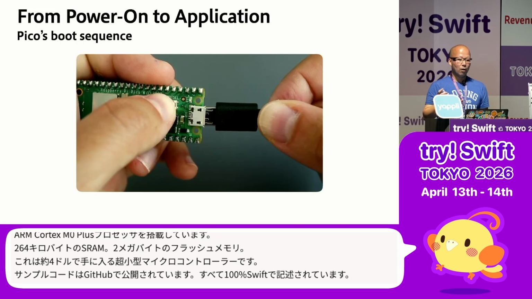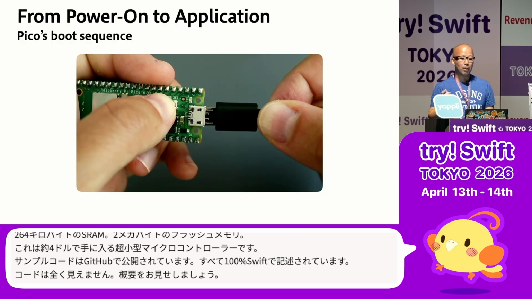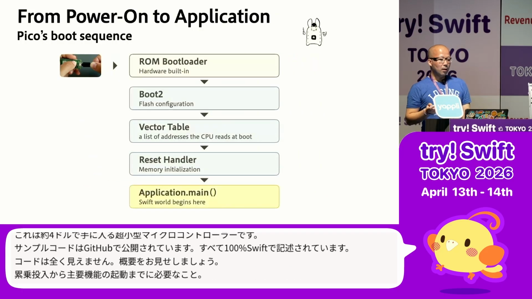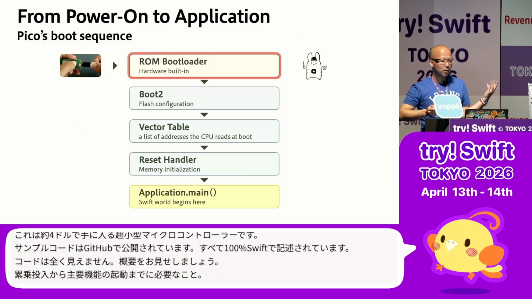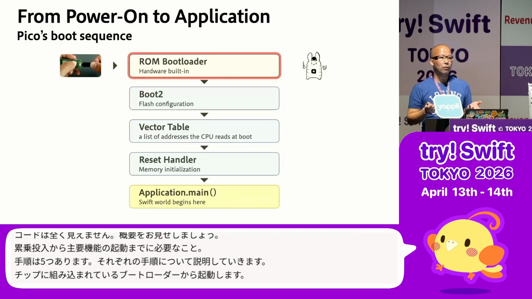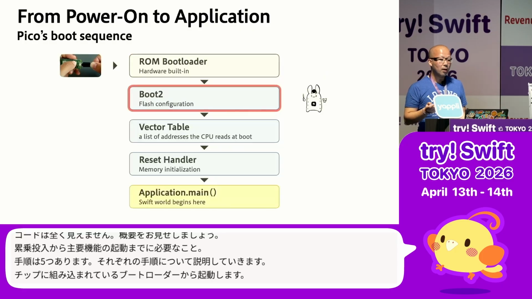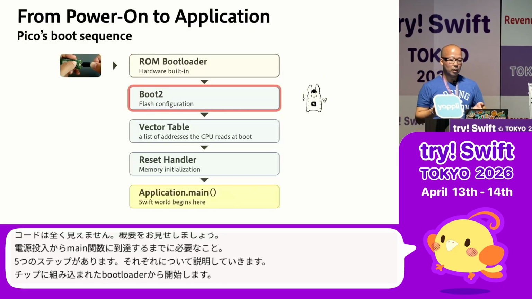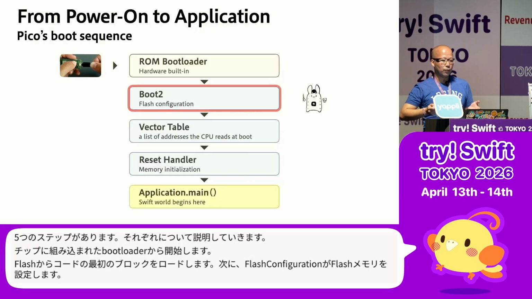Let me show you the overview. Let's see what it takes to get from power on to the main function. There are 5 steps. We'll talk through each one. It starts from the bootloader built into the chip. It loads the first block of code from flash. Then, flash configuration, which sets up the flash memory so the CPU can execute from it.